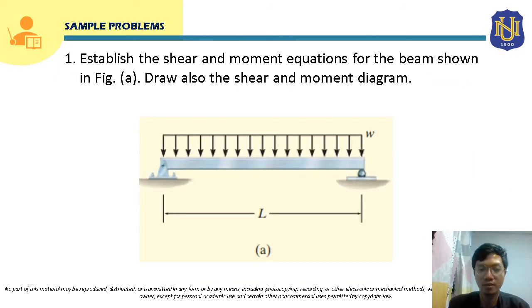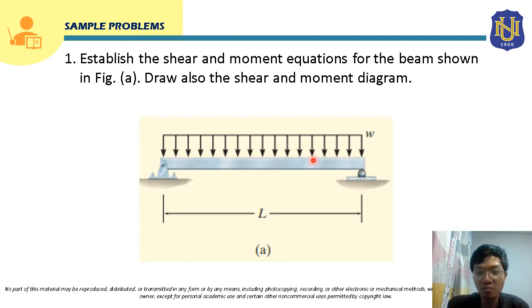Okay, so let's start solving sample problems here. For sample problem number 1, establish the shear and moment equations for the beam shown in the figure. Draw also the shear and moment diagram. This beam is simply supported since it has a hinge or pin support at one end, and at the other end it has a roller support.